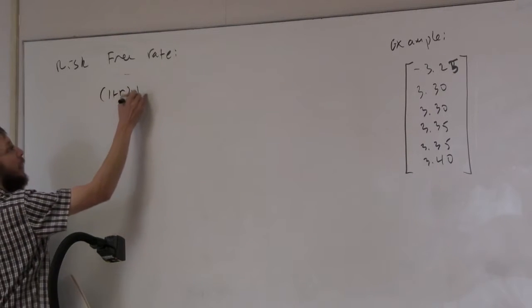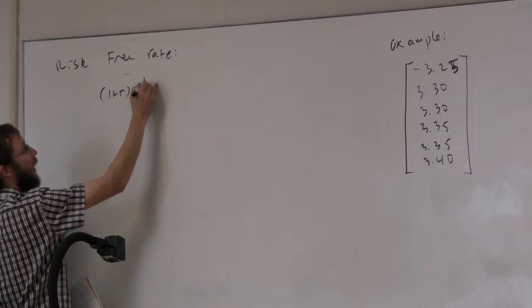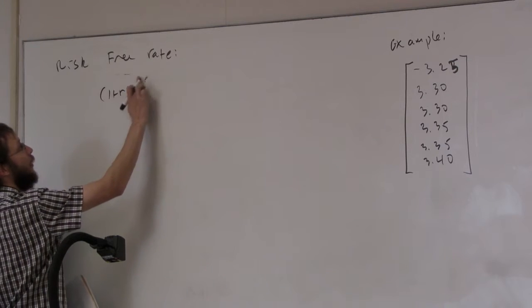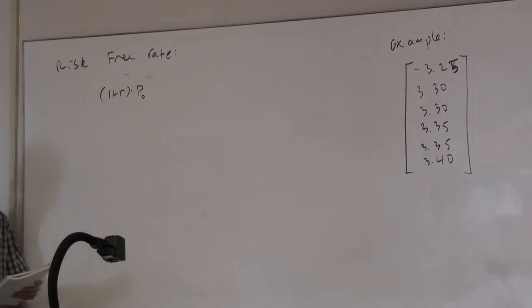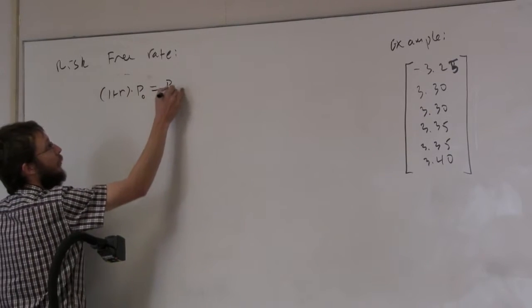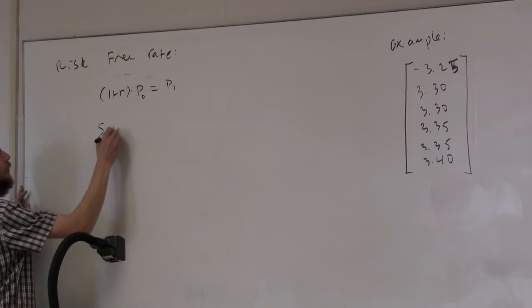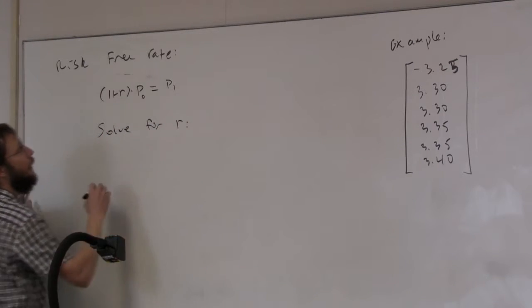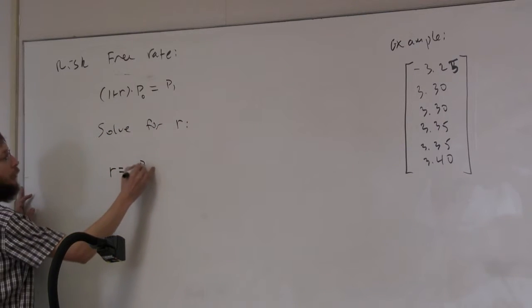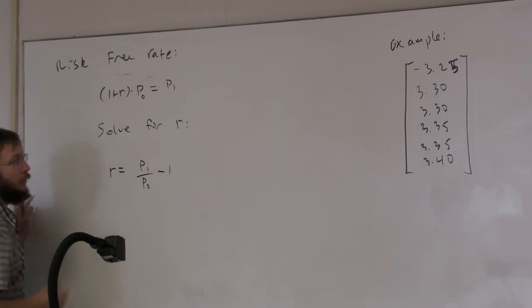So you've got 1 plus the risk-free rate times the price at time 0 of the asset, and that gives you the price at time 1. And so you just solve this equation for R, and you get R equal to P1 over P naught minus 1.